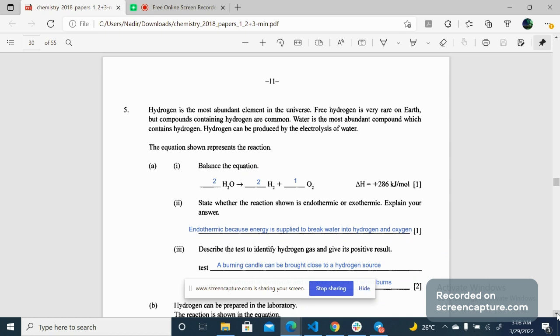Even if it does, it's very rare. As a safe assumption, we can say that it doesn't occur in nature. But we have to undergo some process to obtain free hydrogen if we need it.